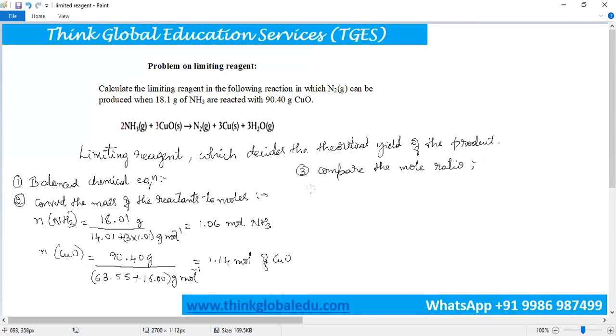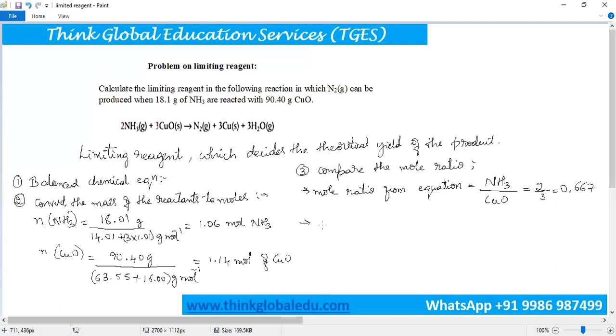So the mole ratio from the equation will be ammonia by copper oxide, which is 2 by 3, which is equal to 0.667.